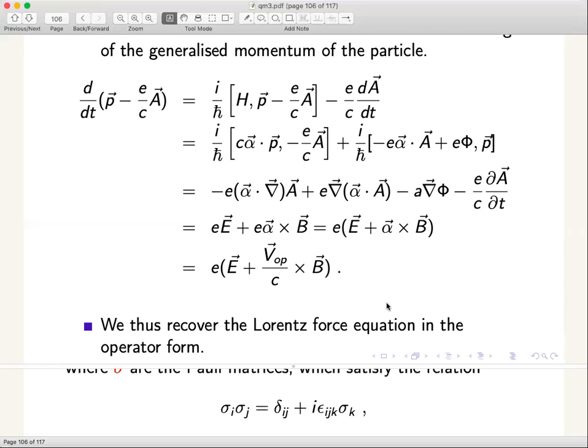In fact, just to give one example, suppose you are using a cloud chamber, and a particle enters the cloud chamber and undergoes a decay, and you have applied a magnetic field to the cloud chamber. It will produce a track which is proportional to the expectation value of this velocity operator. That is a way in which one has measured the charges of the decaying particle, by looking at the appropriate tracks.